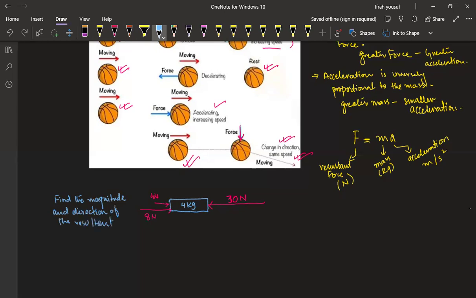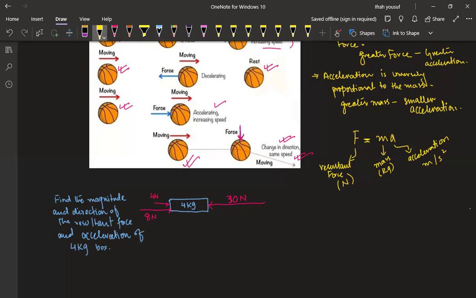I have already explained how to find the resultant force in the last class. And find the acceleration of the 4 kilogram box.